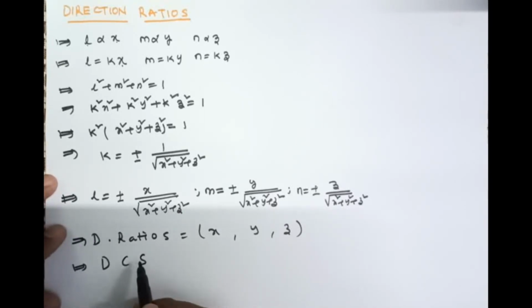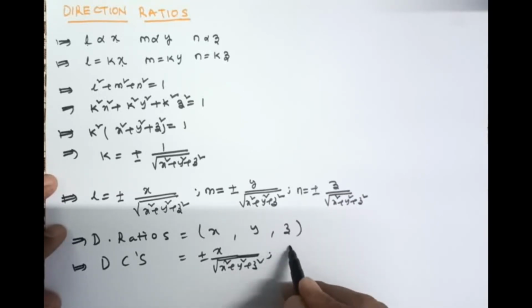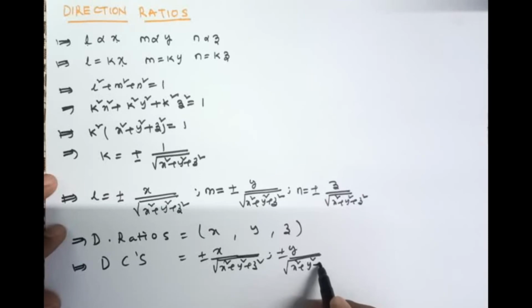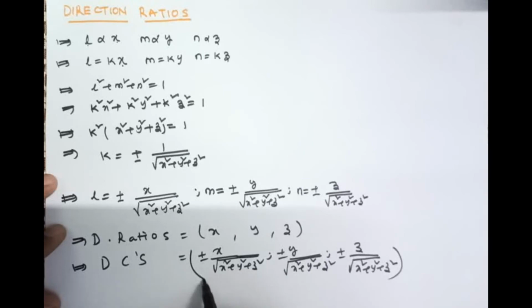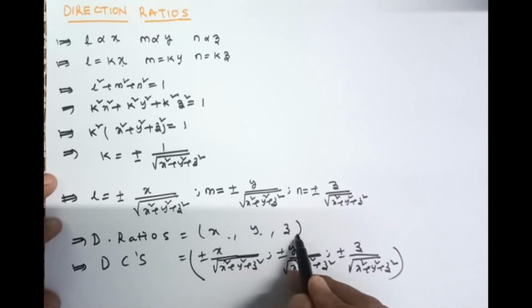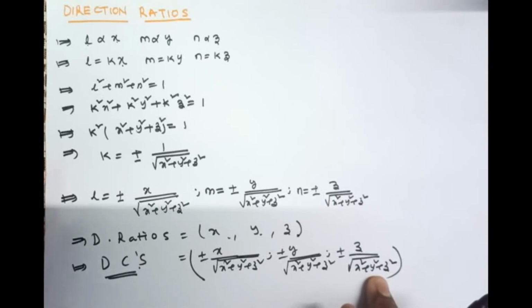DCs will be x by plus or minus root over x square plus y square plus z square, and y by plus or minus root over x square plus y square plus z square, and z by plus or minus root over x square plus y square plus z square. So like this, if x, y, z are direction ratios, then to convert into direction cosines we have to divide with its magnitude.